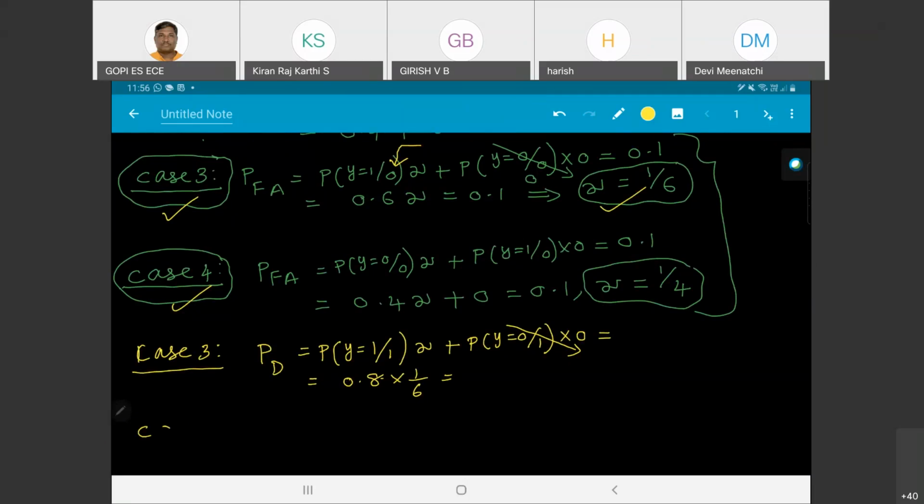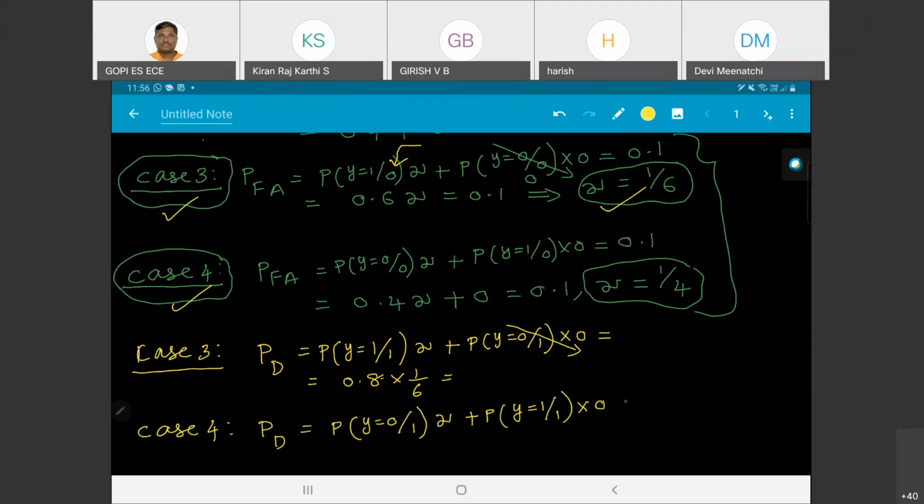Simplify, and for case 4 the same fashion. Probability of detection is probability of y equal to 0 when 1 is transmitted, into gamma, plus probability of y equal to 1 when 1 is transmitted, into 0.